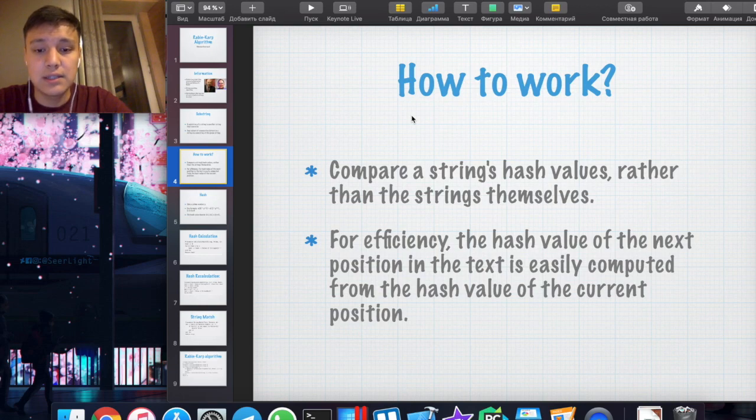If it doesn't match, we can guarantee that the pattern doesn't exist in the text. However, if it does match, the pattern can be present in the text.